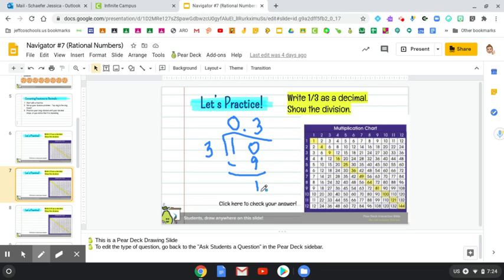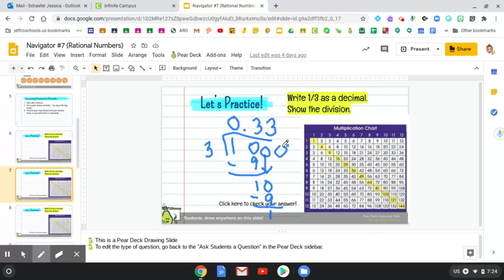I'm not finished with my division yet because I don't end in a 0. So I have to add in a 0 and bring down. And I'm getting 3 into 10 again, which would be another 3. And another 9. And when I subtract, I'd have another 1.